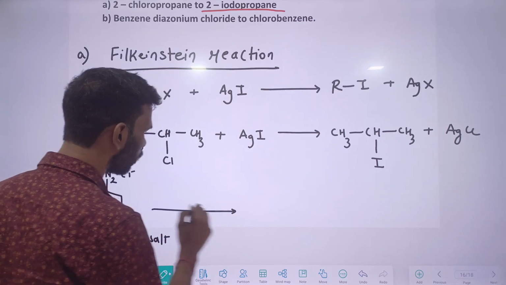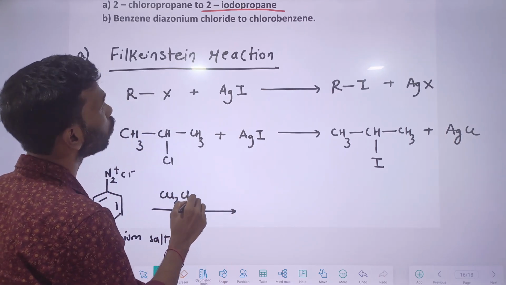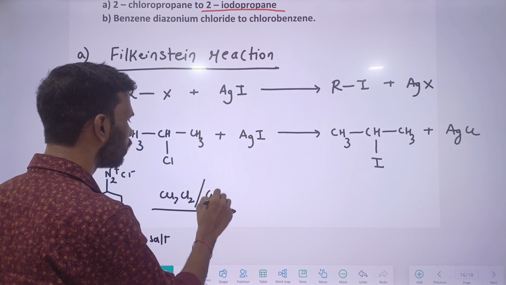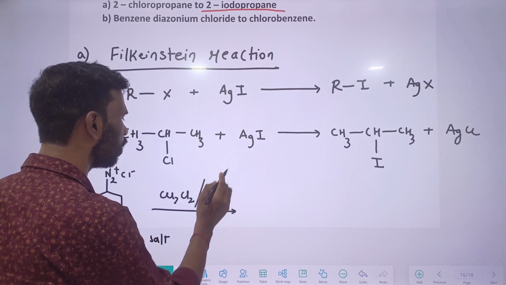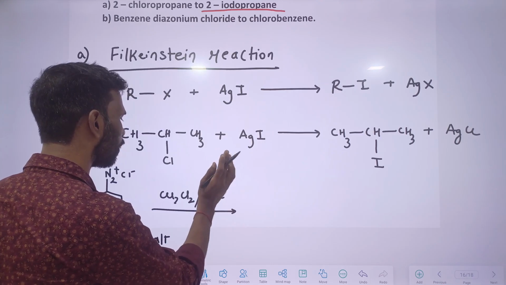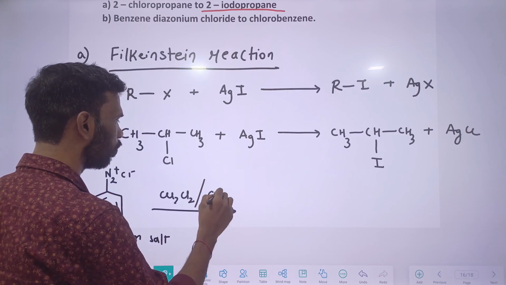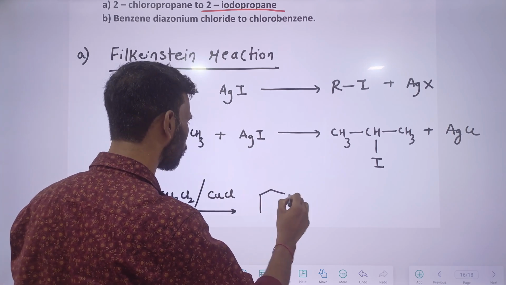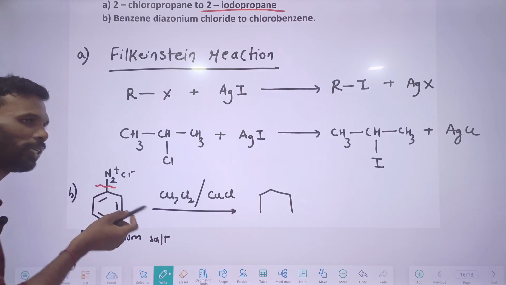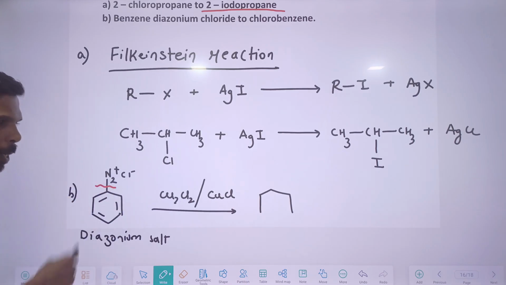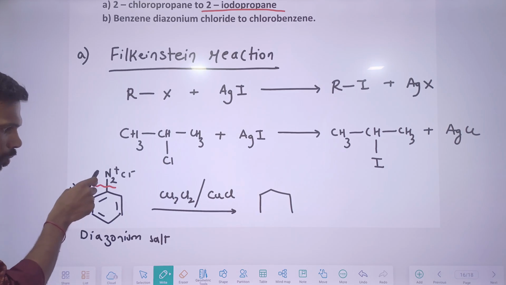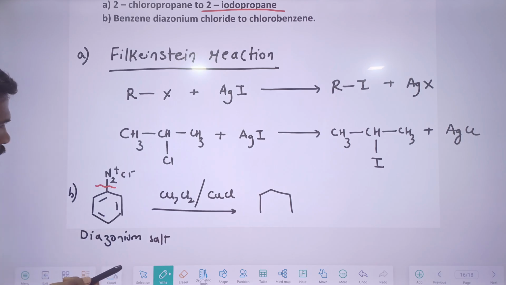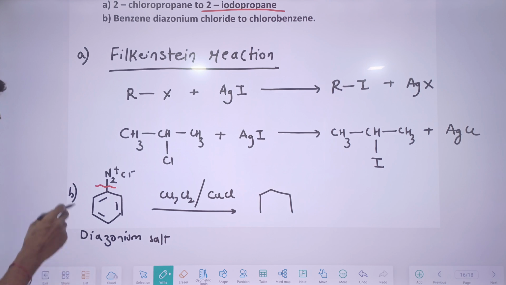You add what? Cu2Cl2, because you need to prepare chlorobenzene, or CuCl. Here the oxidation state of the copper is +1. And this bond is very easy to break. Usually this bond is not easy to break, but in this case, because this diazonium salt's nitrogen has a positive charge, that's why this bond is very easy to break.